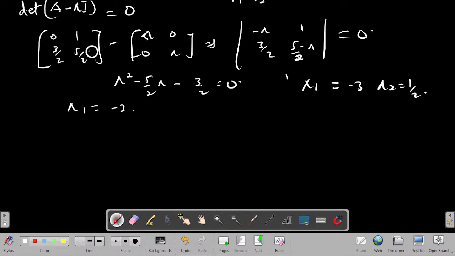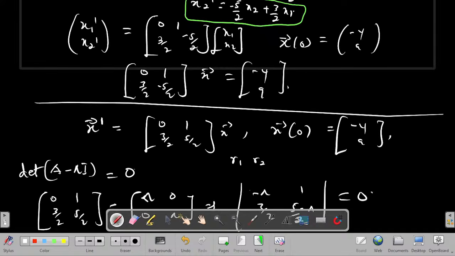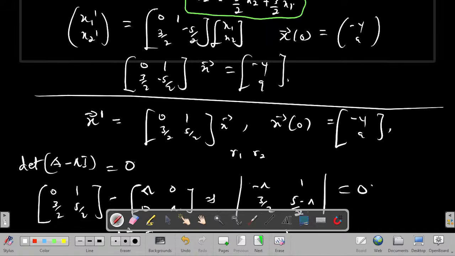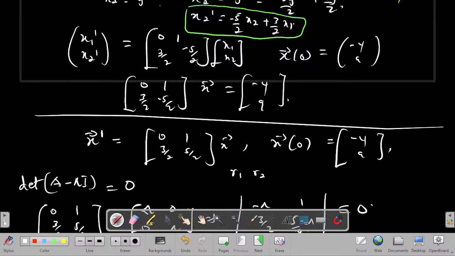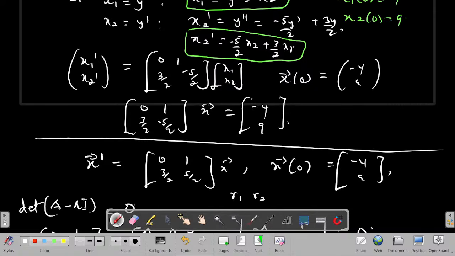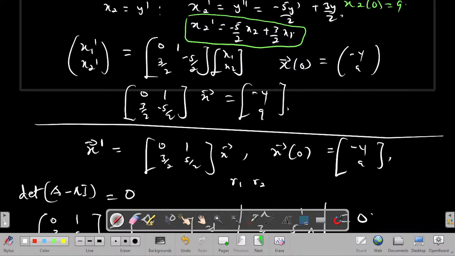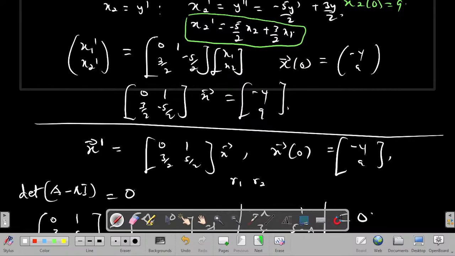So you come back to your equation here and you realize that you have negative lambda, 1, 3 out of 2, 5 over 2 minus lambda, right? Okay, I think I have seen some error here.